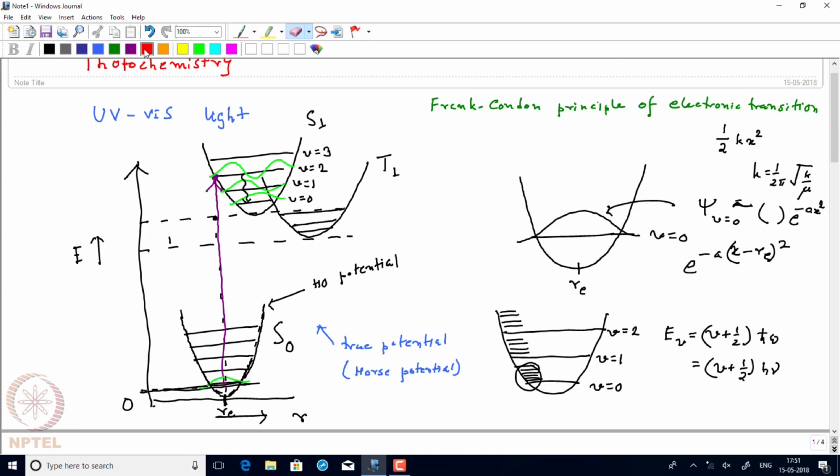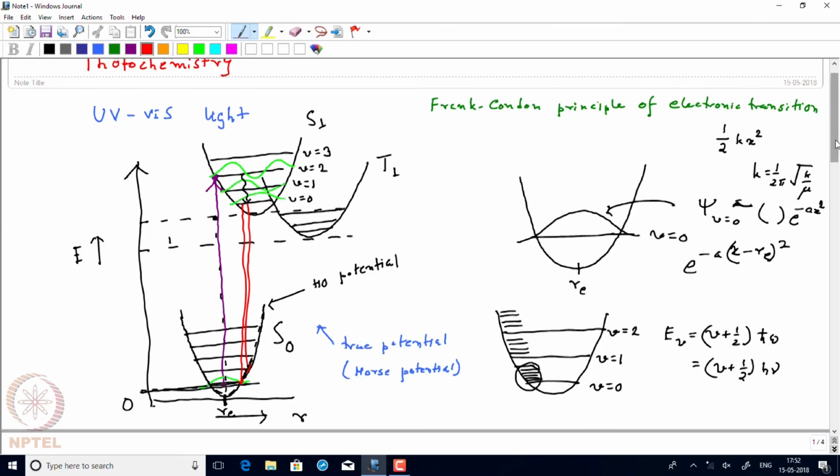So now this v equal to 0 state starts emitting, and it can relax via radiative relaxation, where this state emits and comes back to all the states in the ground state. So you can think that there will be an emission which is exactly like an absorption from v equal to 0 to 0.